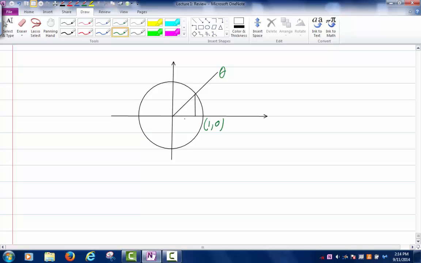What is this side then? The length of this side is given by cosine theta, right? And the length of this side is given by sine theta, because this is the unit circle. And of course the hypotenuse is 1 because it's the unit circle. So then by Pythagoras theorem, what can I say for that right triangle?